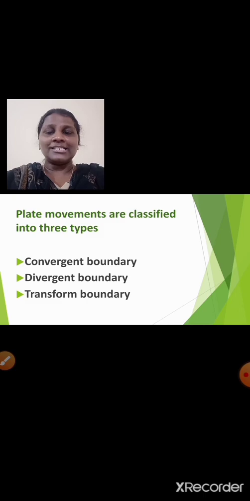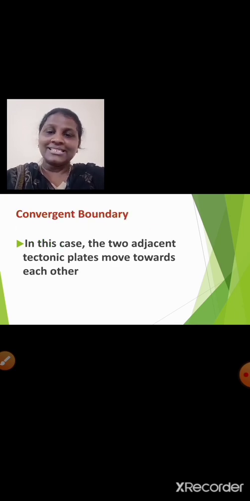Plate movements are classified into three types: convergent boundary, divergent boundary, and transform boundary. Let us learn about convergent boundary now. In this case, the two adjacent tectonic plates move towards each other.